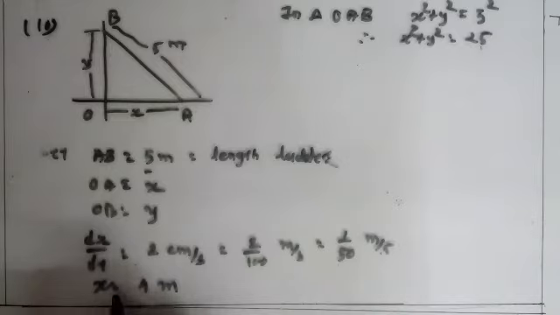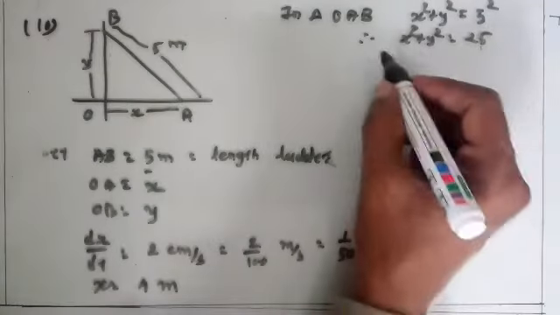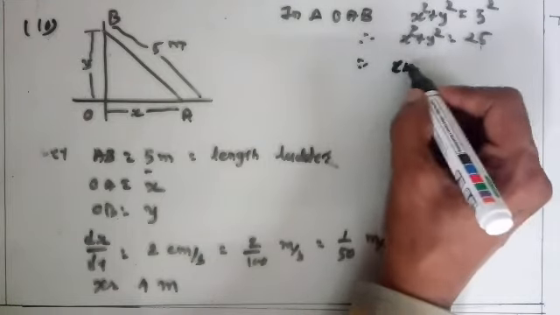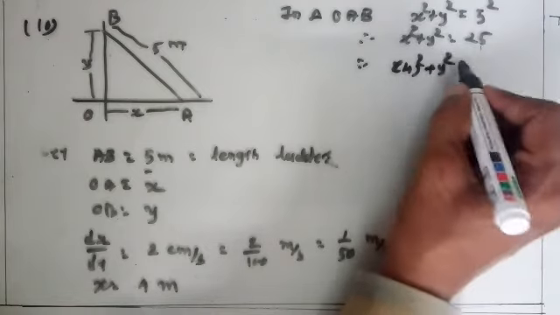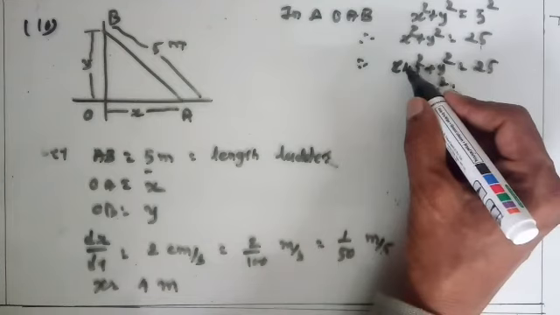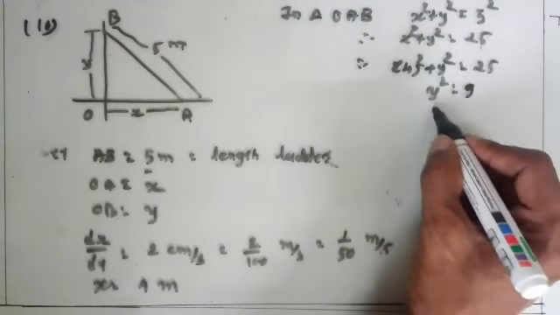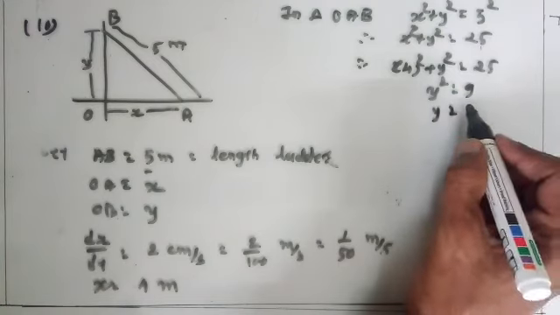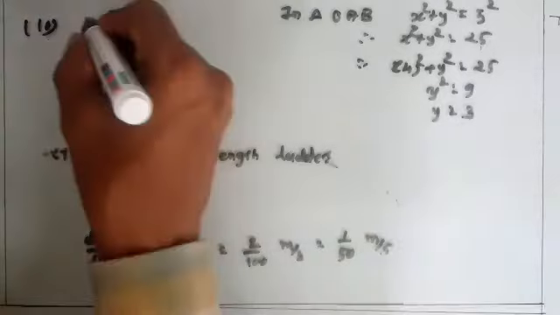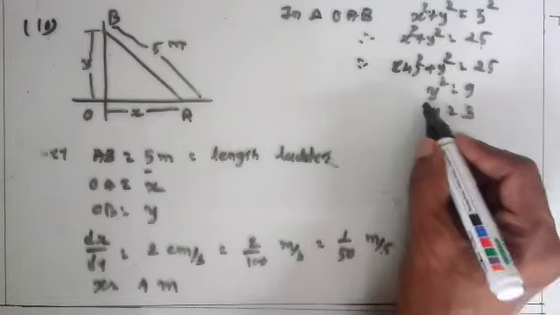Now using the value of x in this equation, get the value of y. Therefore 4 square plus y square is equal to 25. So y square is equal to 25 minus 16, that becomes 9. So y is equal to plus or minus 3, but here we select 3 because this is a distance. So y is equal to 3.